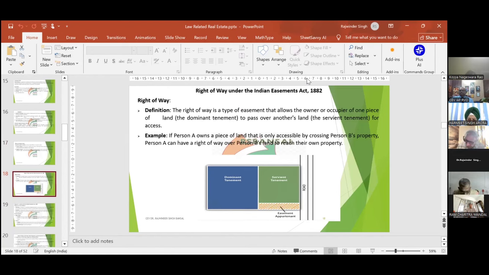Next is right of way under the Indian Easement Act, 1882. So basically, what is easement?